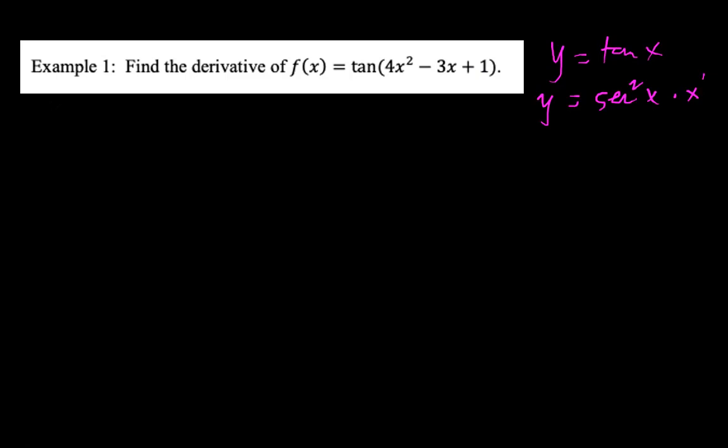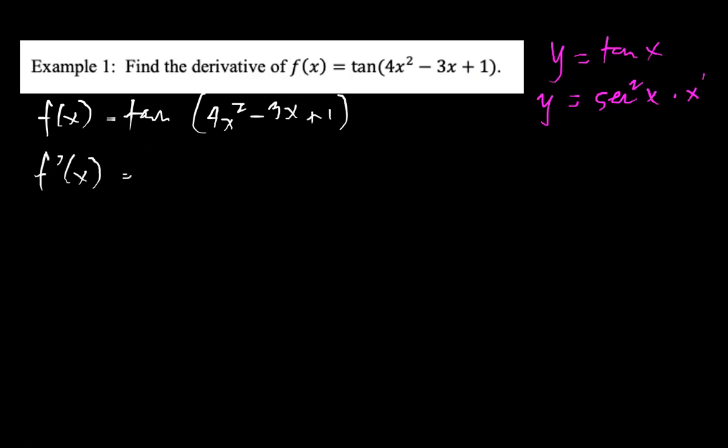So this becomes f of x is equal to tangent of 4x squared minus 3x plus 1. The derivative of f of x is equal to, what's the derivative of tangent? That's secant squared. And of course, we just need to copy the given angle measure, which is 4x squared minus 3x plus 1.